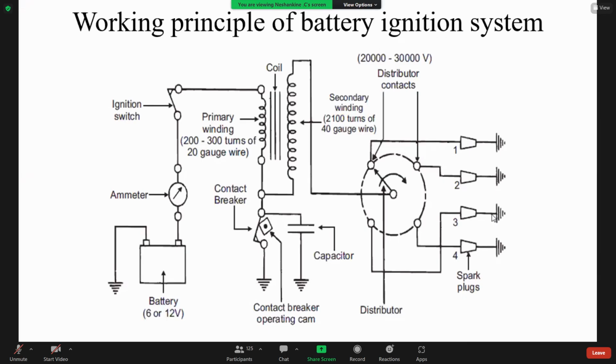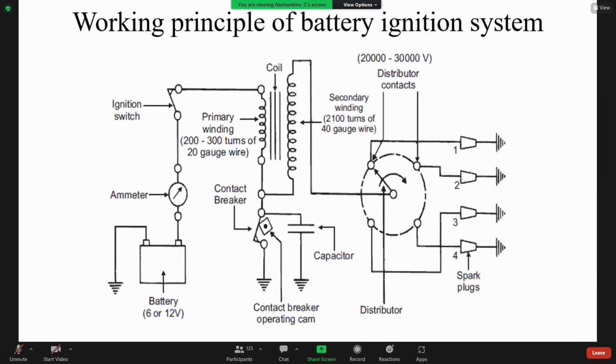Current passes from the battery when the ignition switch is closed. Then that current passes through the primary coil. When it passes through the primary coil, it produces an electromagnetic field.